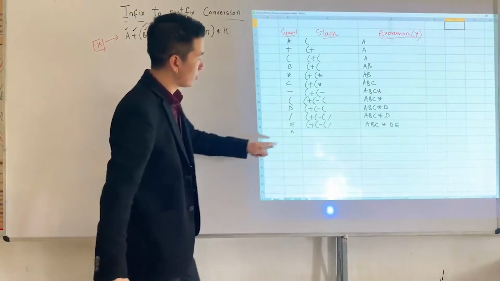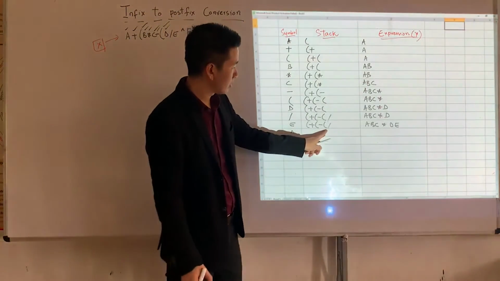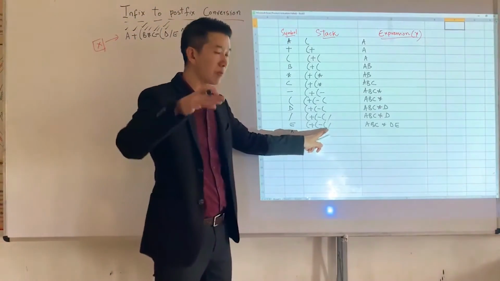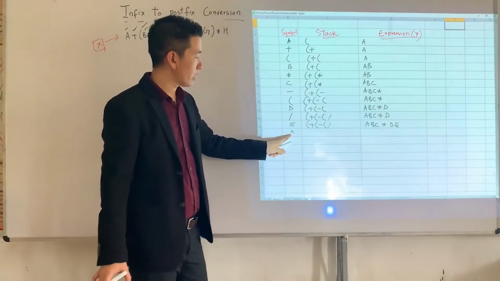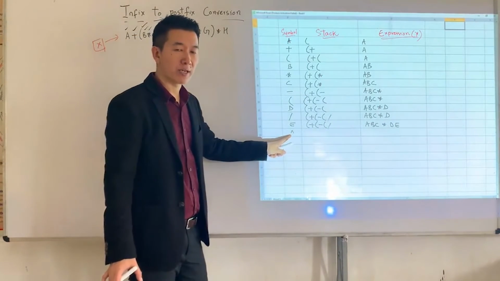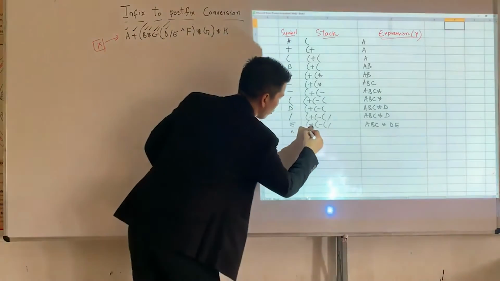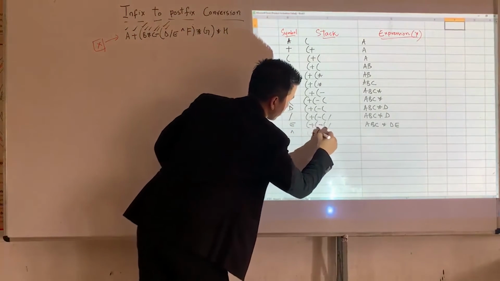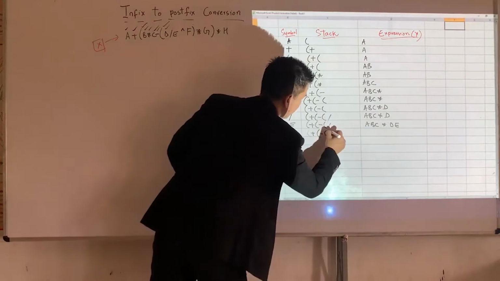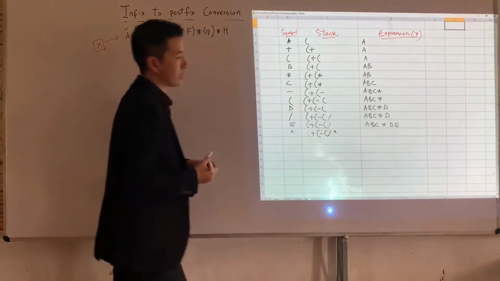Remember? So now look at this division operator. It comes below the exponentiation operator as per the precedence level, right? Hence, what happens here is, you have the exponentiation like this.